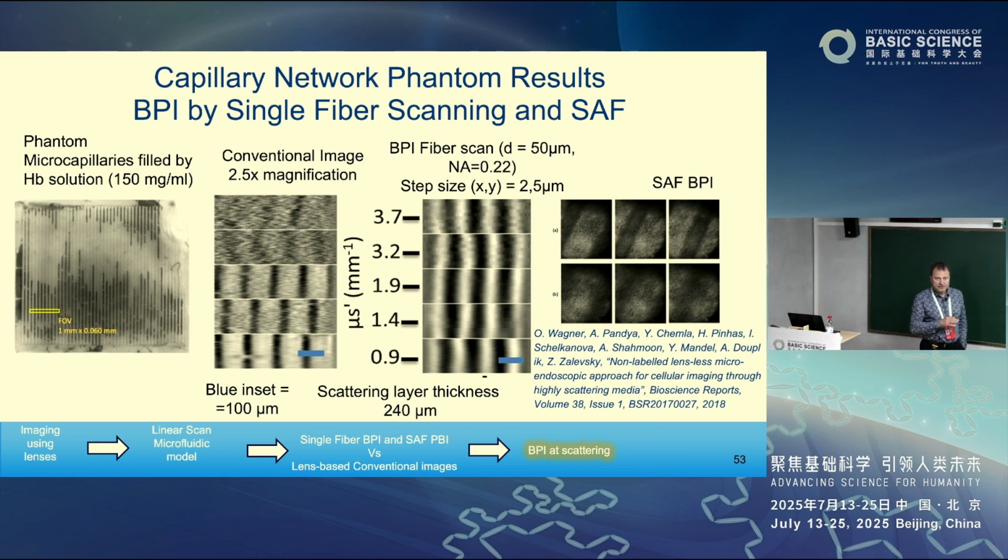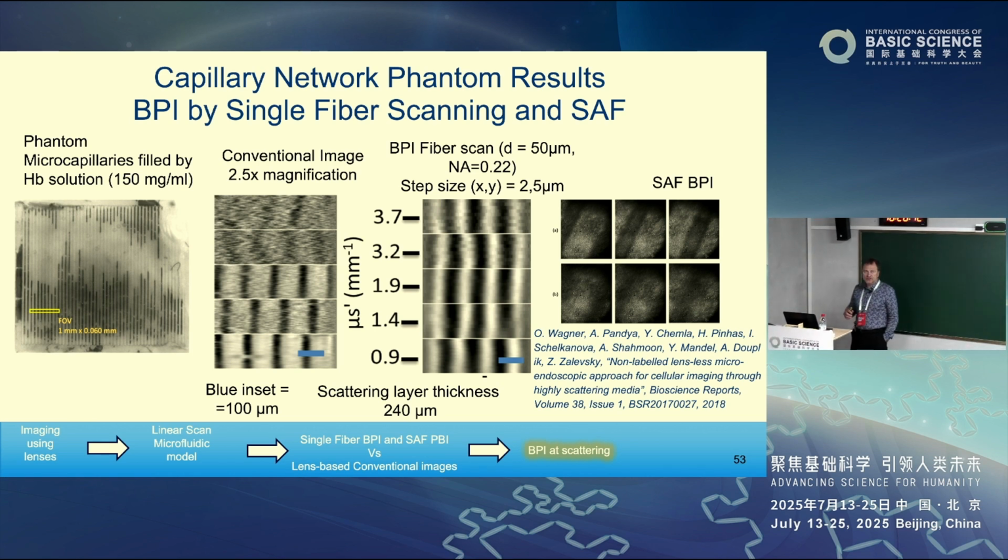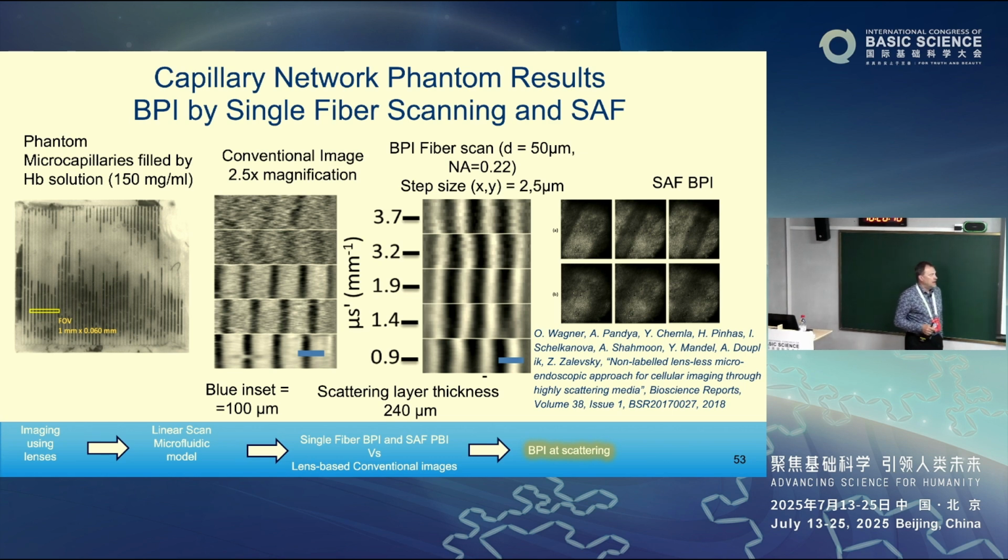This approach would enforce us to collect data longer than with the imaging setup. But at the same time, it also gave us an opportunity to change the pixel size, the pitch, and we had a wider variation of the numerical apertures.